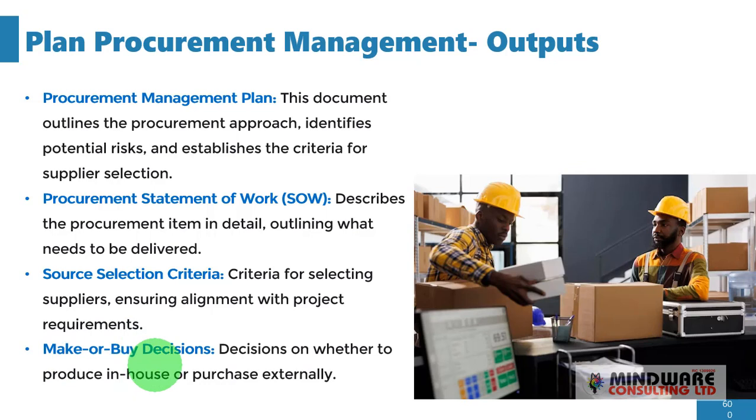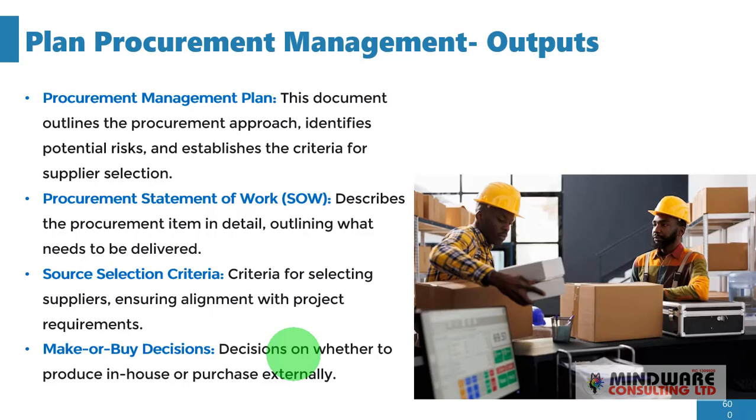Then lastly, we have make or buy decisions. Now when it comes to procurement, you have to decide as a project manager whether you're going to make the items that are required or you are going to buy them. Making has to do with getting it from in-house, within the project team or the project organization. Buying has to do with bringing it from outside, maybe when it's not available or it cannot be made based on certain constraints.